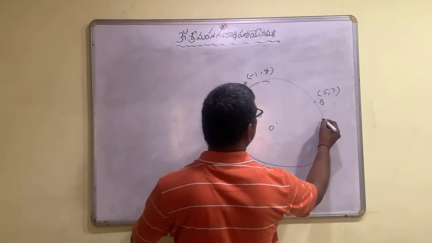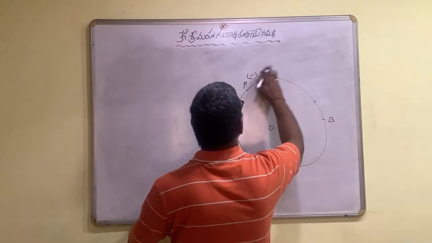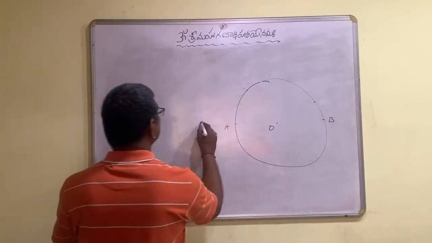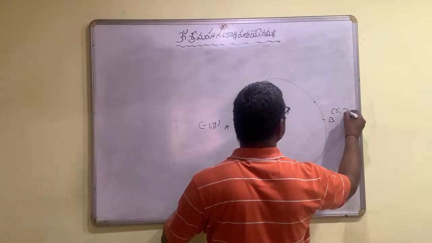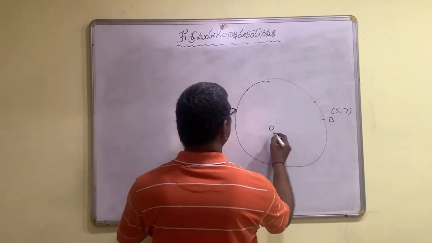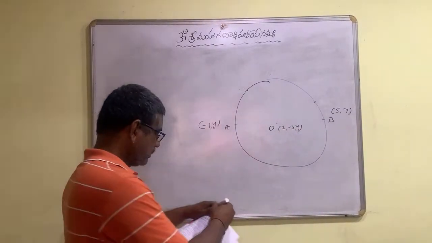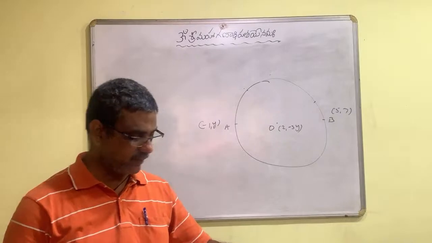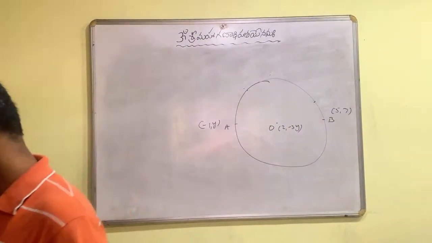This is A, this is B. AB is the diameter of the circle. Find the value of y and also find the radius.